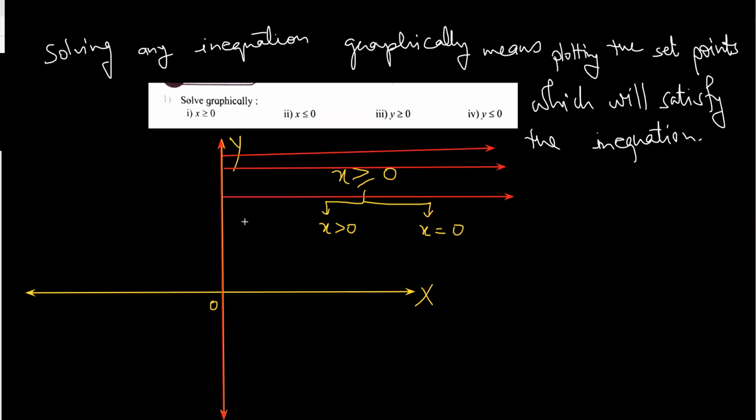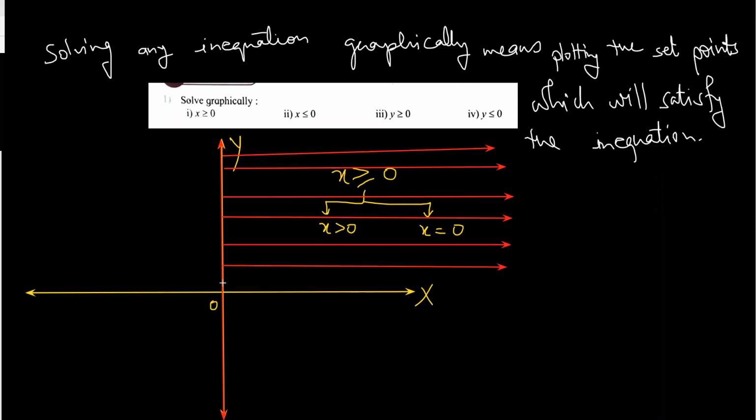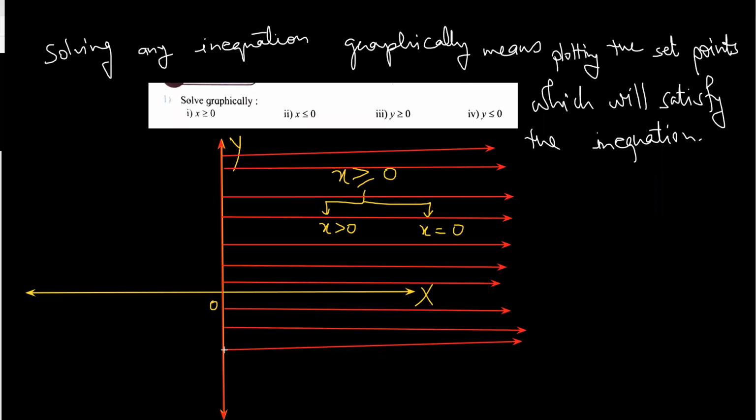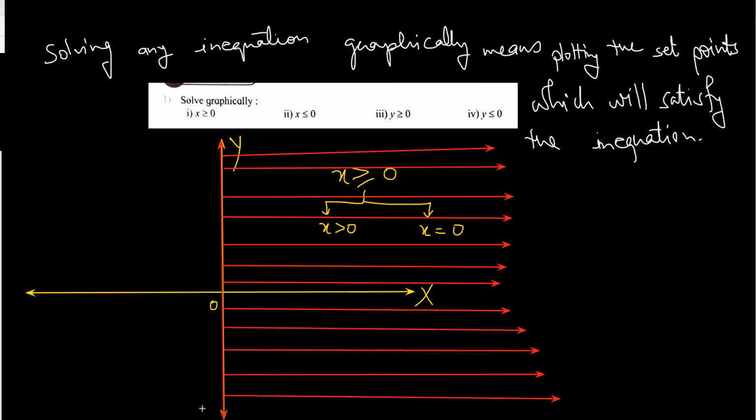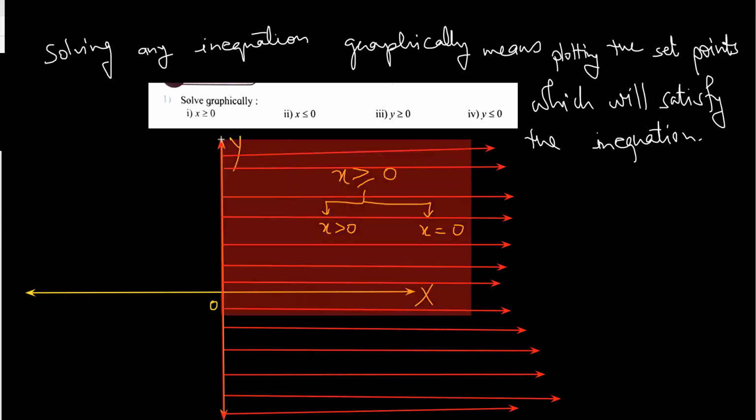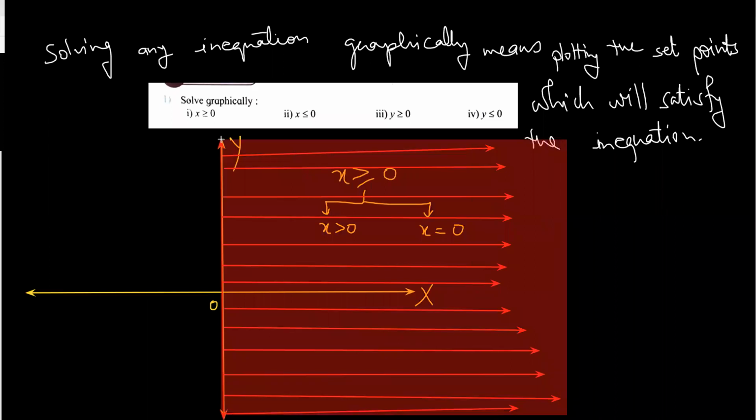So x equal to 0 is on the y-axis, and x greater than 0 is the right-hand side of the y-axis. So this is the solution set for the first question.